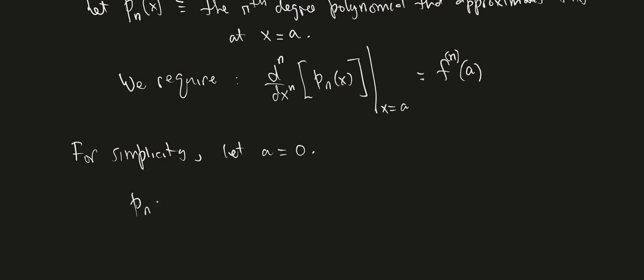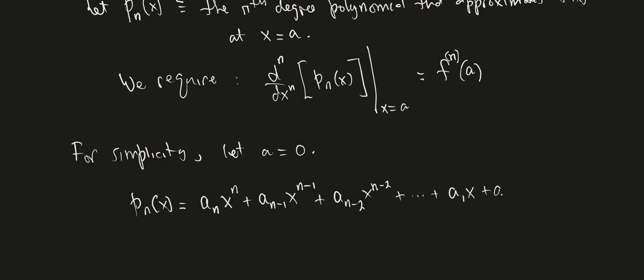An nth degree polynomial looks like this. It's a sub n times x to the n plus a sub n minus 1 times x to the n minus 1 plus another term, a sub n minus 2 times x to the n minus 2, and then the power of x goes down and that pattern continues, and then I will have a sub 1 times x, plus a constant term.